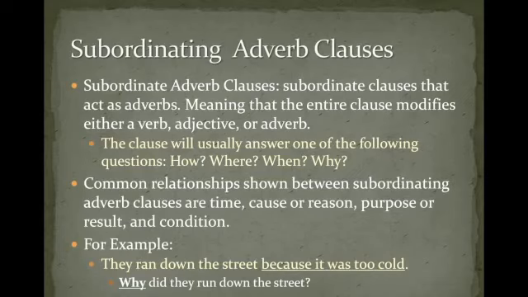Common relationships shown between subordinating adverb clauses are the time, the cause or reason, the purpose or result, and the condition. For example, they ran down the street because it was too cold. Well, you can ask the question, why did they run down the street? That would show the subordinating adverb clause, because it was too cold.